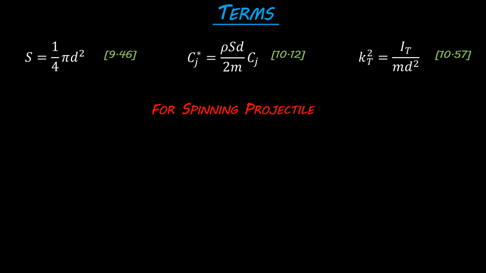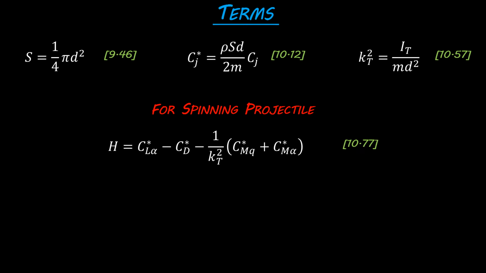Now, the following coefficients are only used for spinning projectiles. We have a coefficient called H that we're going to be reusing, which is based on a number of our different coefficients, and that is 10.77.